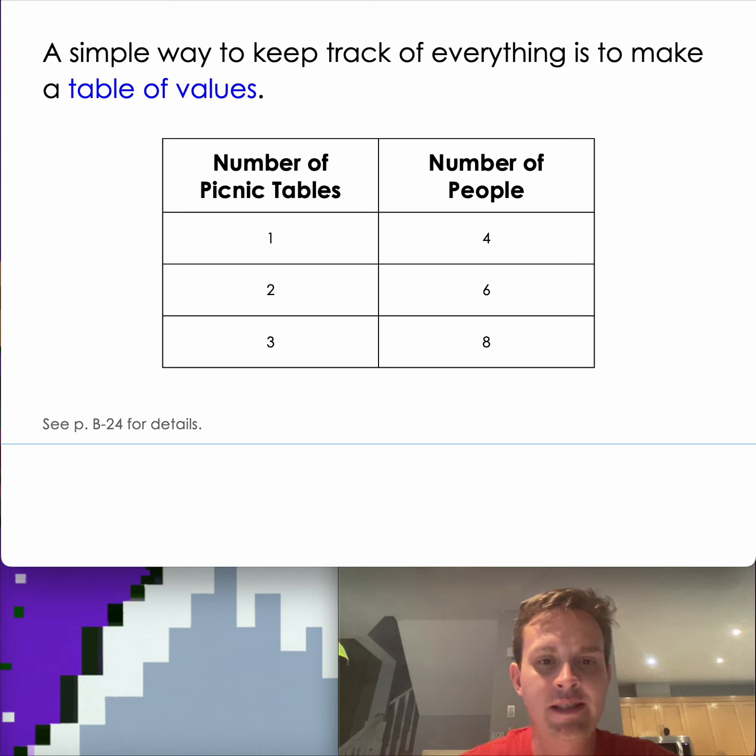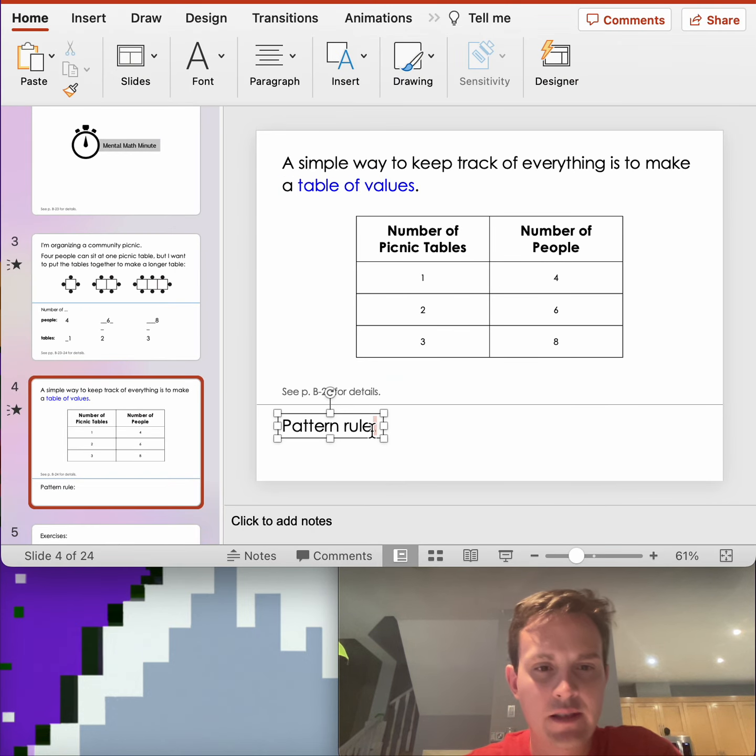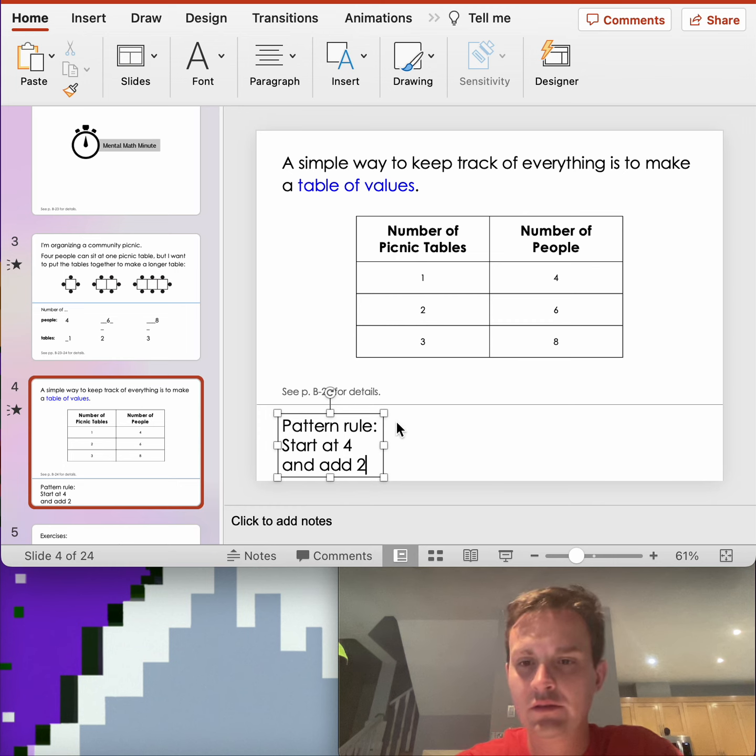You can see that the pattern will continue to grow, and we'll add 2 to make 4 picnic tables and 10 people, and then 2 more to make 5 picnic tables and 12 people. And so the pattern rule is start at 4 and add 2.